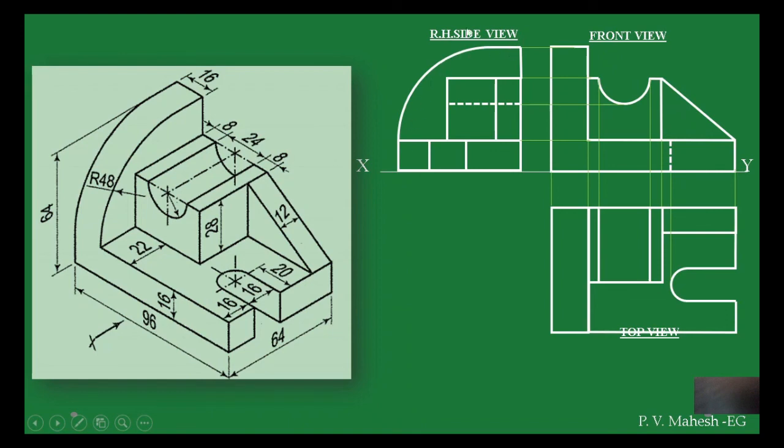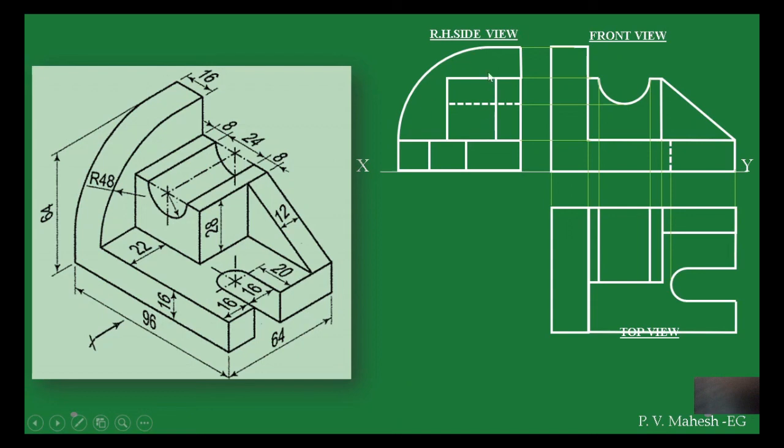Now this curve I was talking about. Where is the center for this curve? It should be 16 from this end and 16 from this end. So somewhere here the center will be there. With this center I am drawing a curve of radius 48.